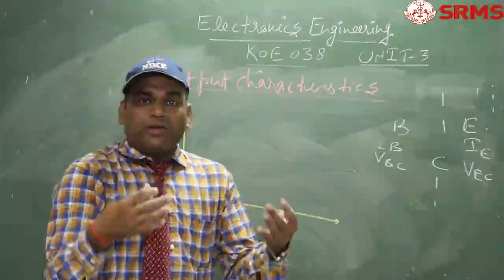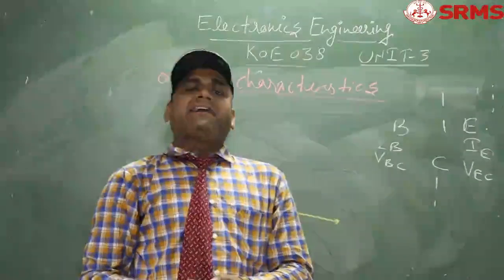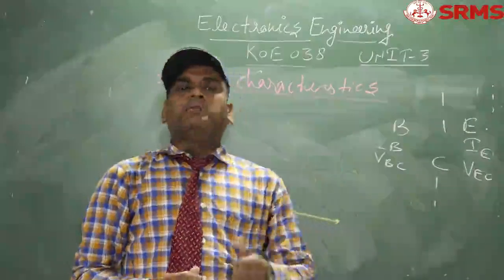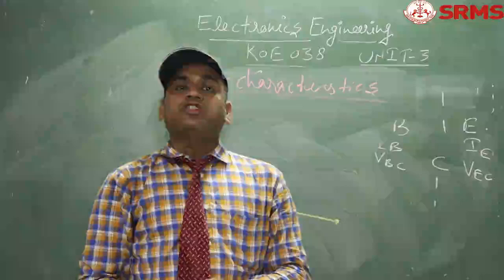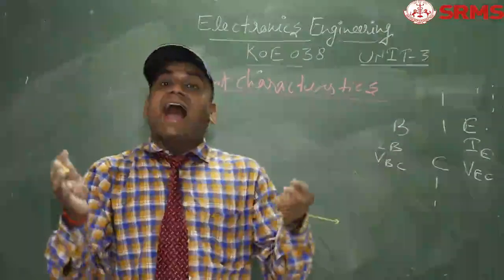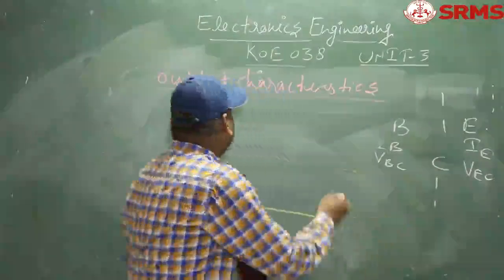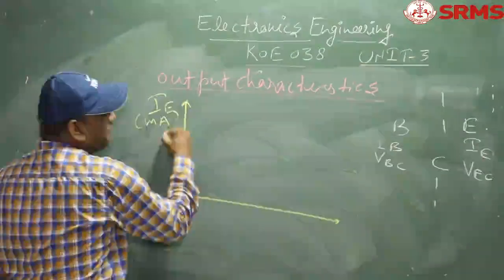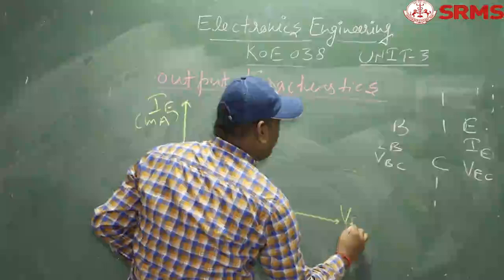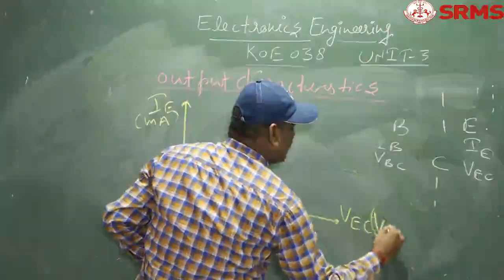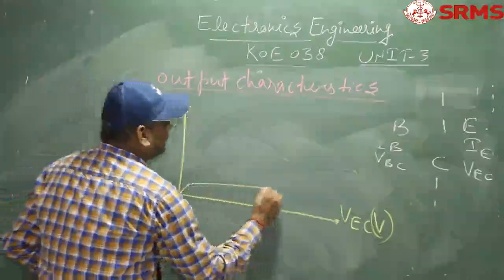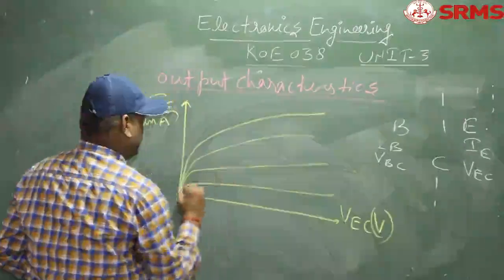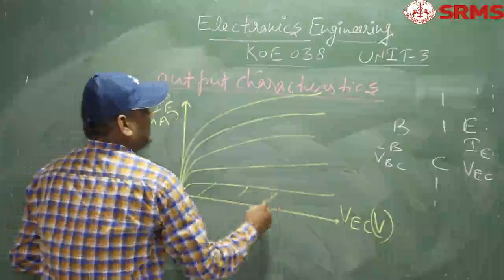Only the output current is going to change, because in the active region IC is approximately equal to IE. So in the previous output characteristic, IC has to be replaced by IE and the characteristic will be the same. IE is given in milliampere and the output voltage now becomes VEC in place of VCE. This is in volt and the characteristic is the same. Is that clear? This is your cutoff region.